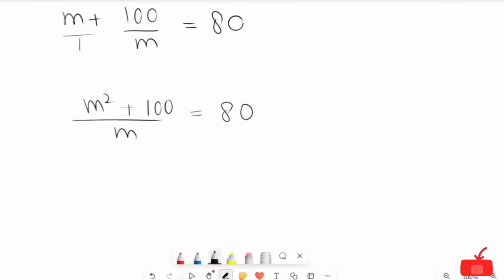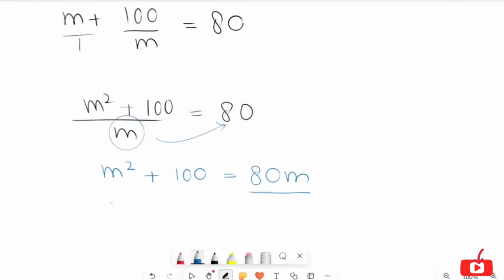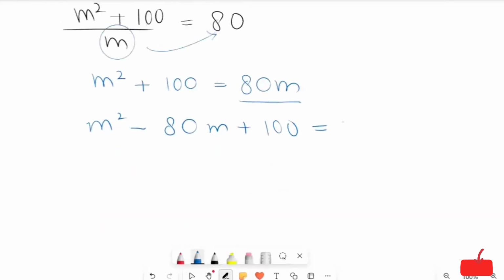Now I am going to take this m to the right hand side. So this will turn to m square plus 100 is equal to 80m. Now we are going to take this 80m to the left hand side. So this will turn to m square minus 80m plus 100 is equal to 0.